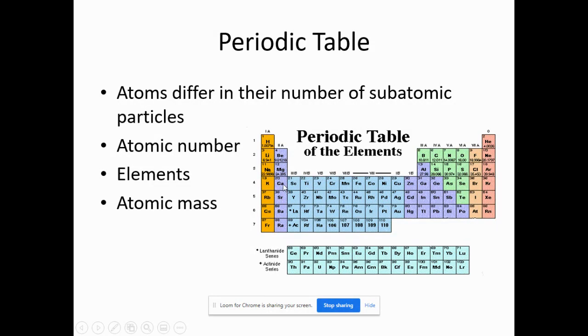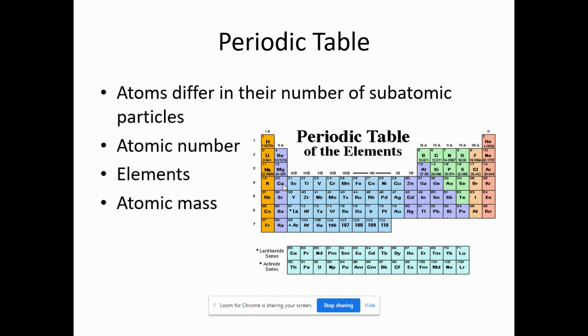Those are major biological atoms or elements that you'll talk about over and over again, not only in this class but in other classes. So it's helpful to go ahead and memorize those symbols.